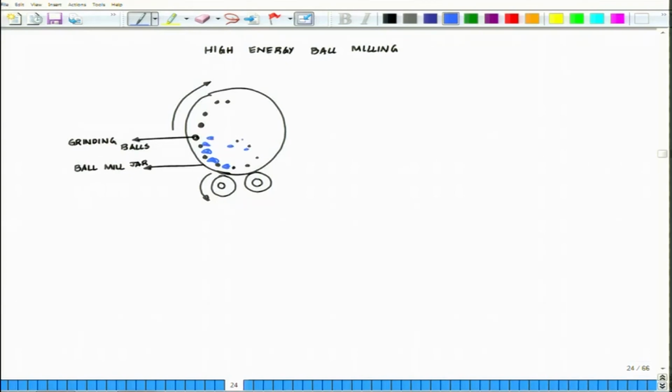So, basically it is a high energy ball milling system which has been represented out here, and now what we will be showing is the schematic representation of nanoparticle synthesis using the high energy ball milling method with and without surfactants. This is the basic outline, and these are the particles which are the milling material.